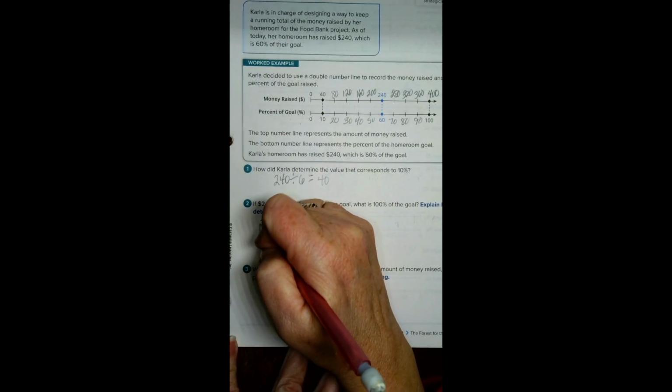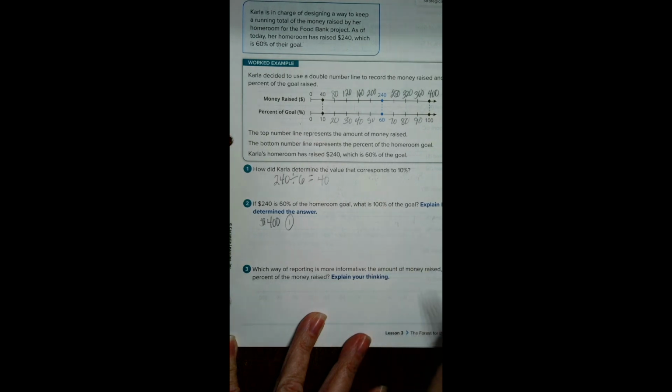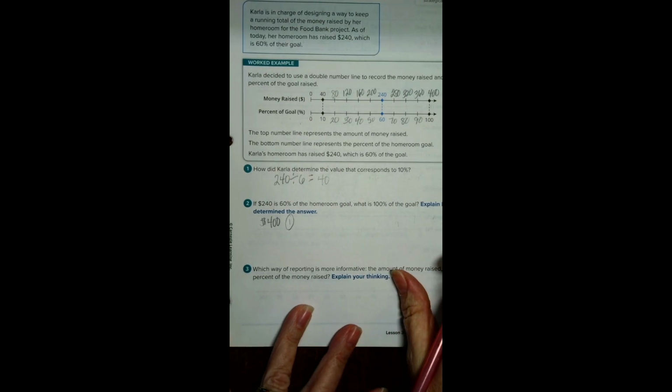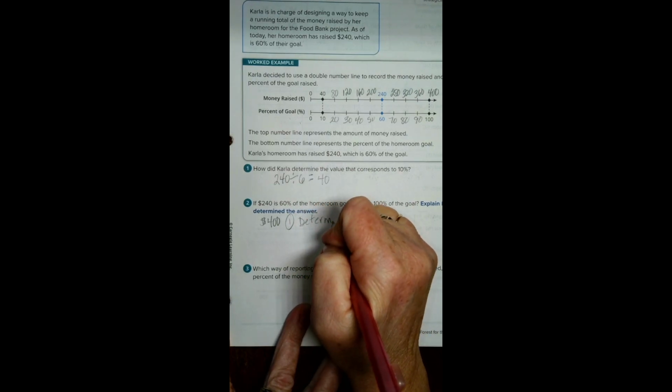So the answer is $400. So first, we can just say we determined the interval on the money raised.